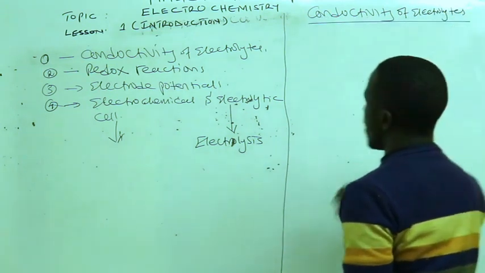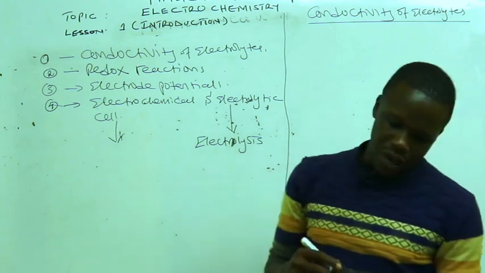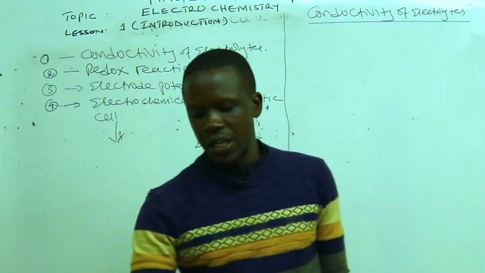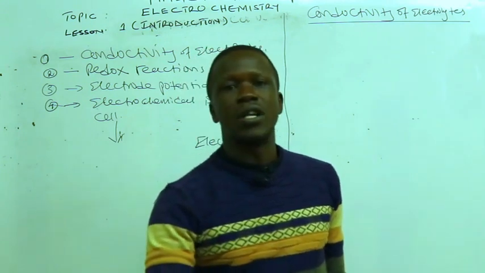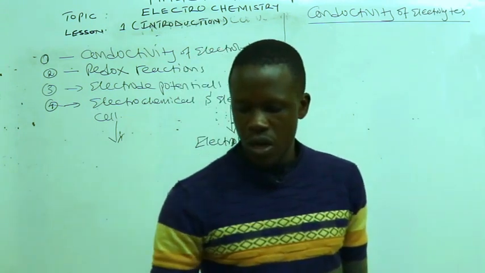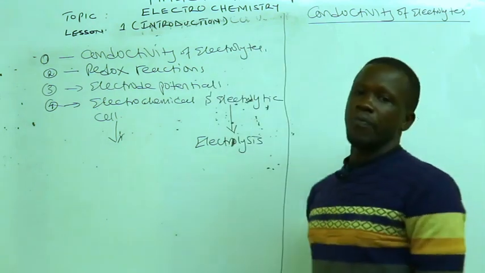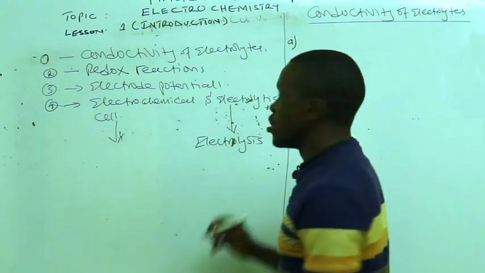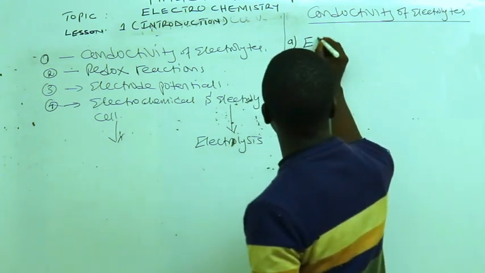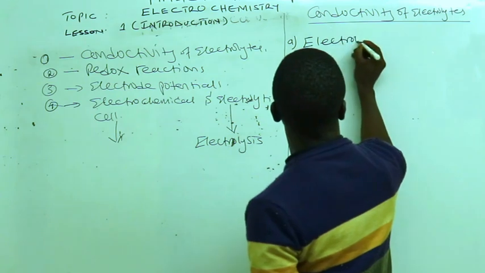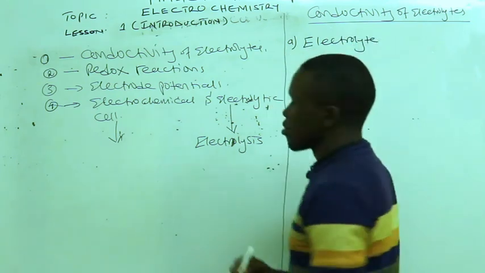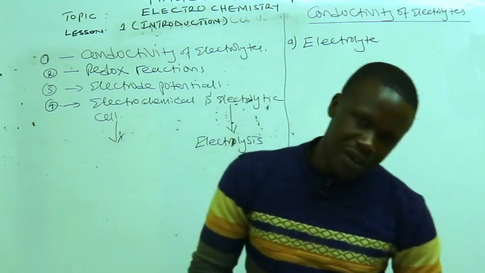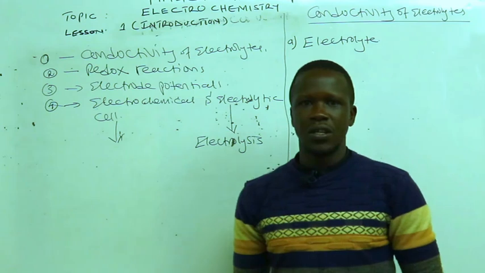Now, in our discussion of what we mean by conductivity, we shall be using certain terms, and we need to look at a few of them. First of all, term number one that we shall need to know is the meaning of an electrolyte. This is going to be a common term in our discussion. What do we mean by an electrolyte?